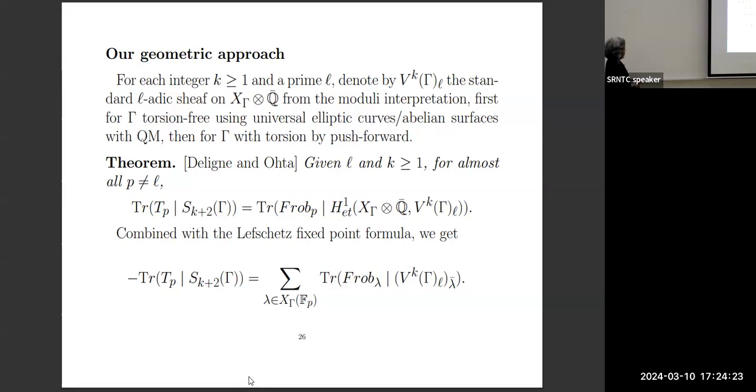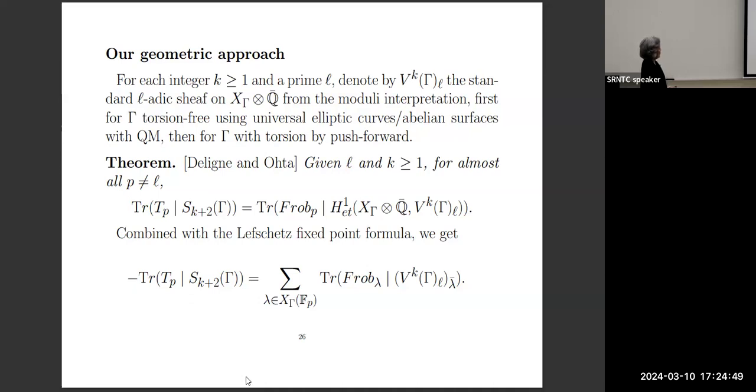So here is the result. We can express the trace of the Hecke operator on the space of cusp forms of weight k+2 in terms of the trace of Frobenius at p acting on the first cohomology group of the curve with coefficients in this automorphic sheaf. Then, on the geometric side, we can apply the Lefschetz fixed point formula.